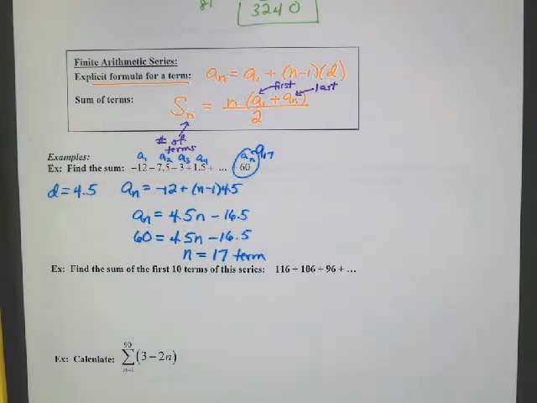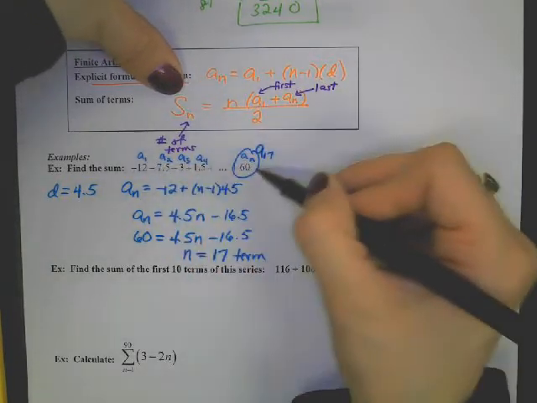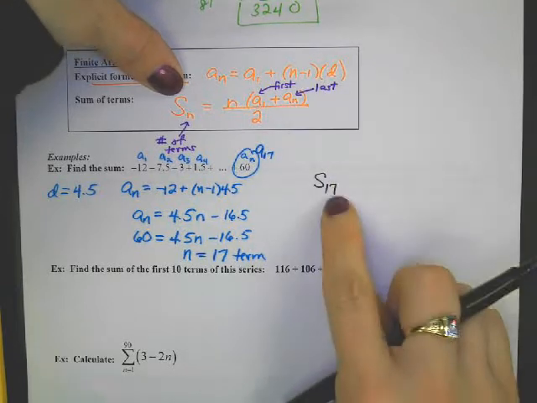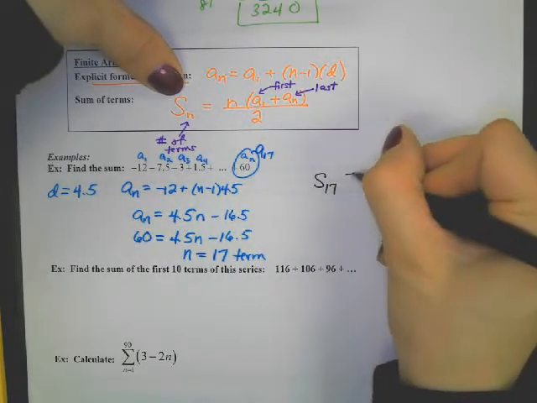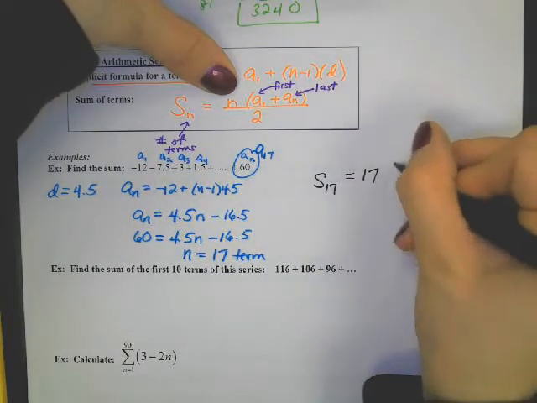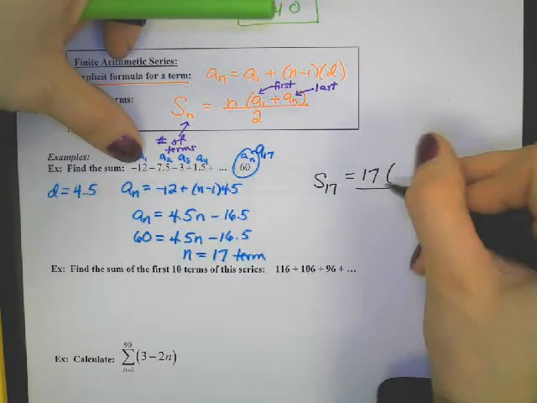Okay, now that I know how many terms there are, I can go ahead and find the sum. Okay, s sub n. So how many terms are we adding? 17. So you must write s sub 17. Right there is going to be 1 point for you. Okay, what's the n? How many terms are there? 17. Okay, in the parentheses, the first plus the last.